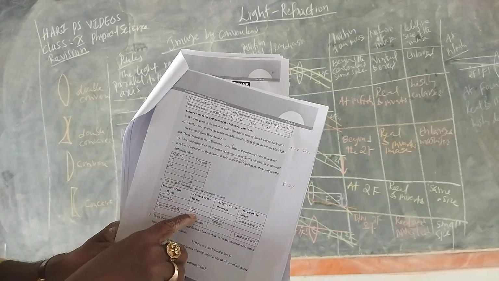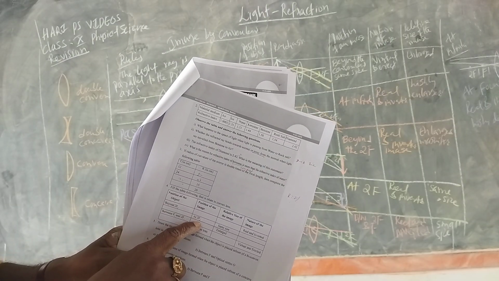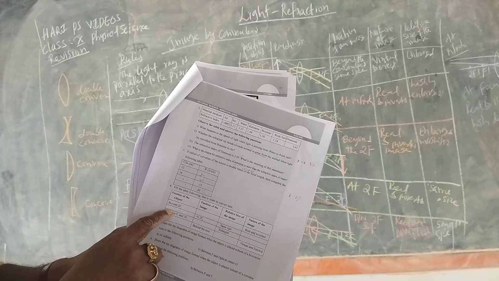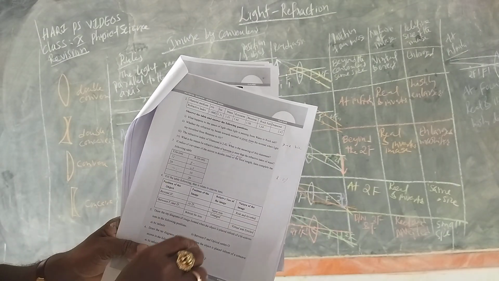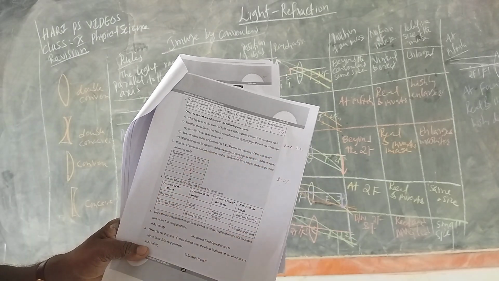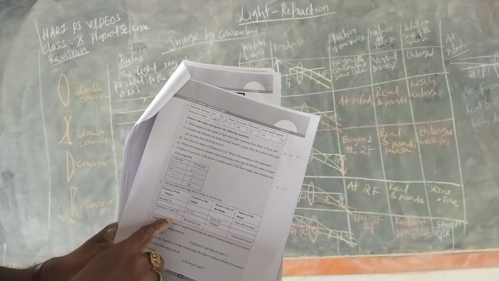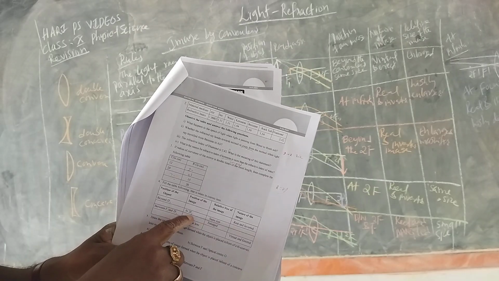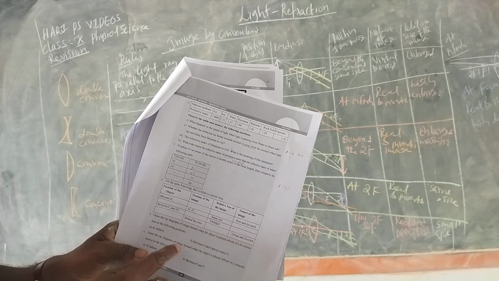Position of the image given as 2f2. Where is the object? At 2f1. Relative size: same size. Nature of the image: real and inverted. Object between f and 2f: the image is formed behind 2f, enlarged, real and inverted.